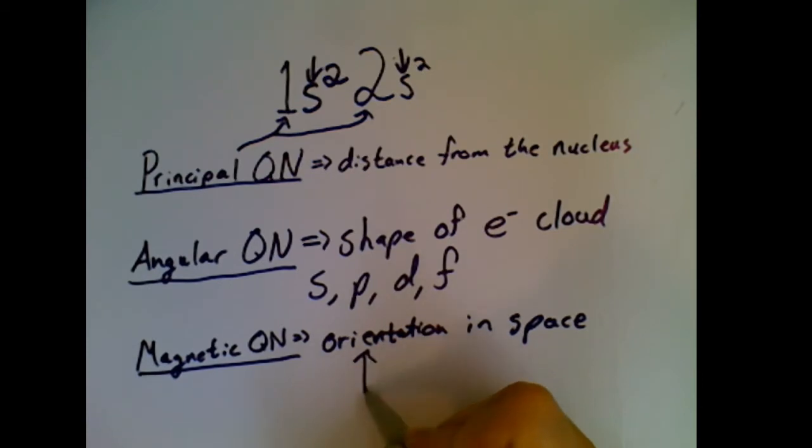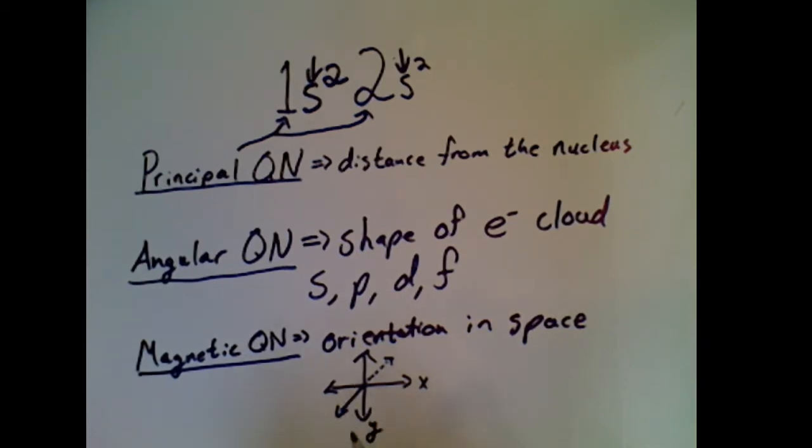And so you have to think along like the y-axis, the x-axis, and since we exist in 3 dimensions, you got to pretend that this is like popping out of the board at you and going into the board away from us. This is what's called the z-axis. And so the magnetic quantum number tells you really which of these axes it lies on compared to others.